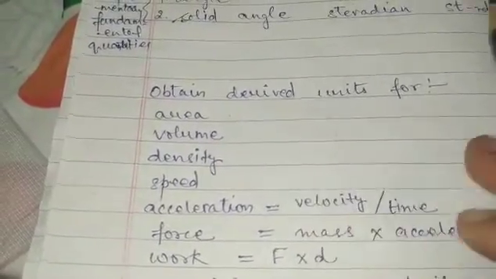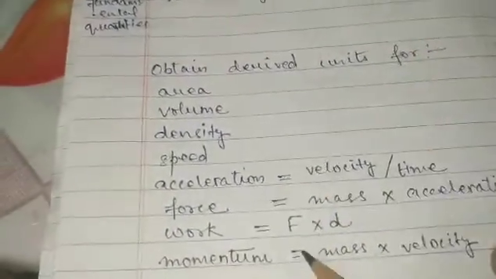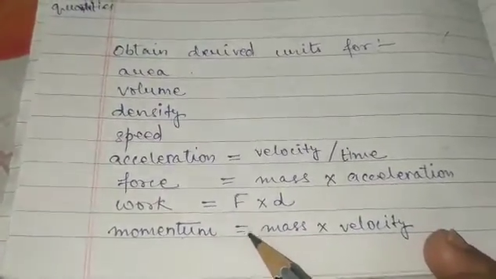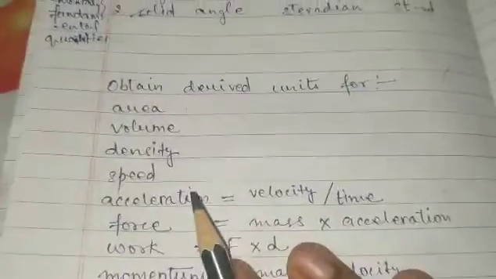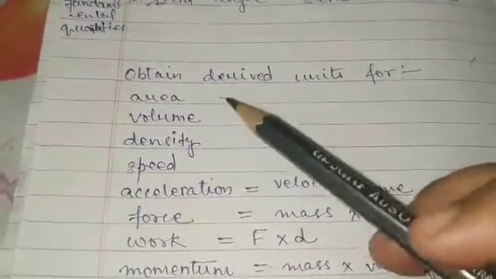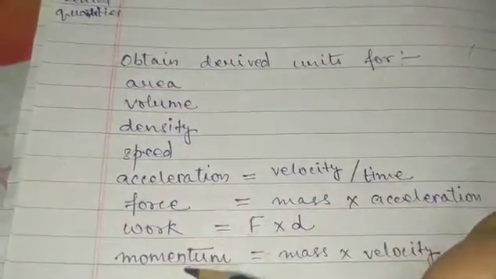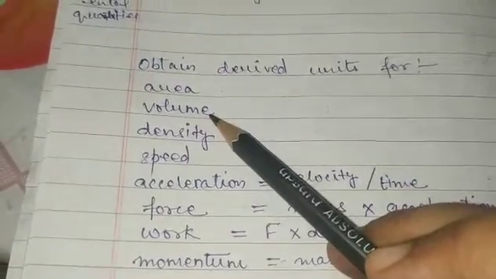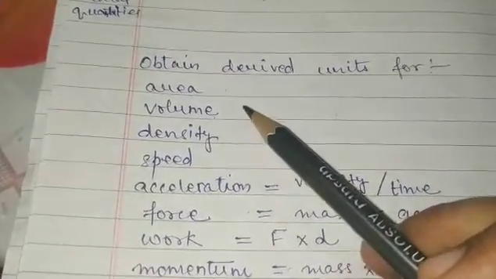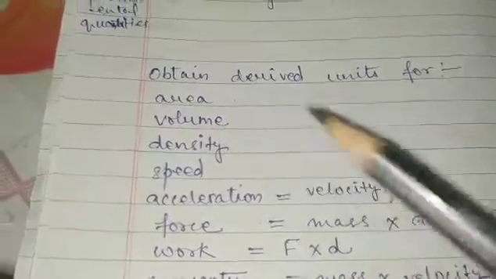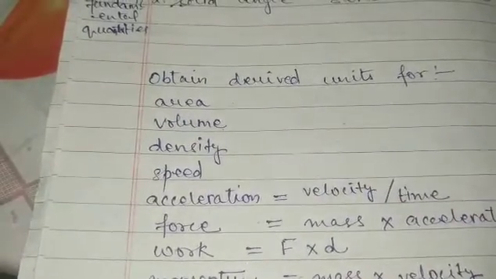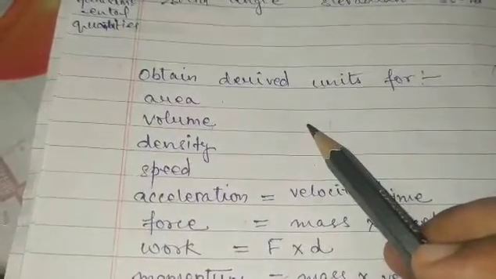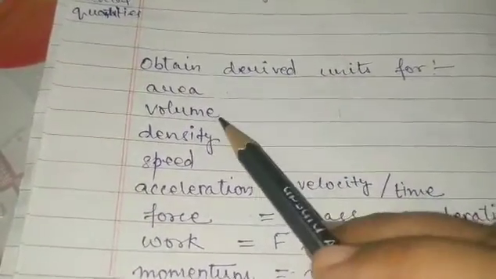In the same way you have to take these derived units, take it as a question and obtain the derived units for these quantities. Area I have already told you. Volume, you know, take any shape, cuboid or cube, side into side into side. In this way you can obtain the derived unit for volume.